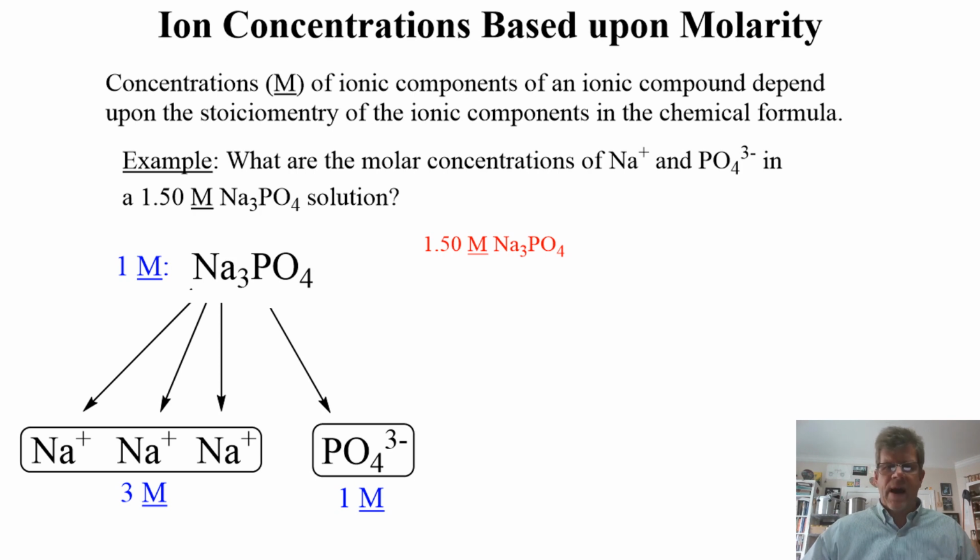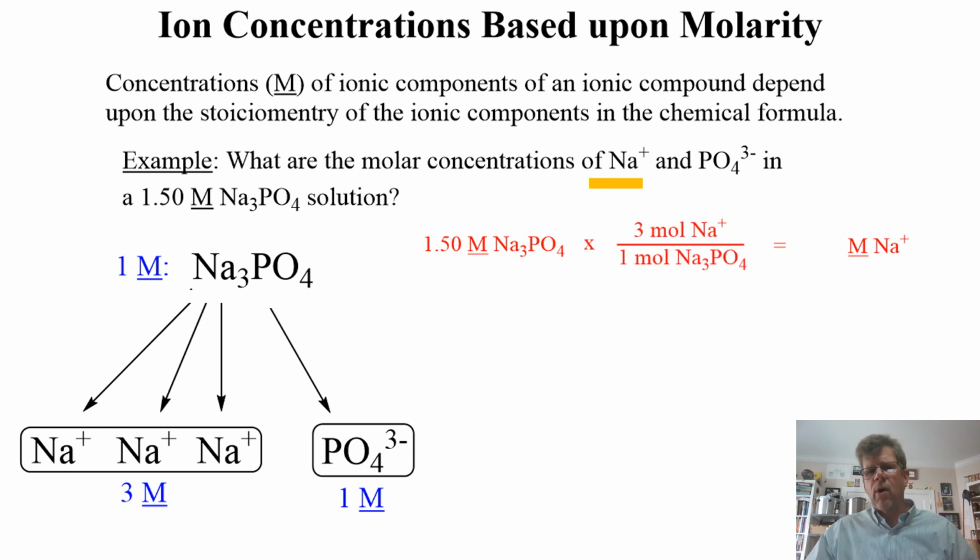For sodium ion, what is the molar concentration of sodium ion? Well, we'd start with 1.5 molar sodium phosphate, and we're looking for the molarity of sodium ion. What's our per expression? Well, we just pulled it out previously. 3 moles of sodium ion per 1 mole of sodium phosphate.